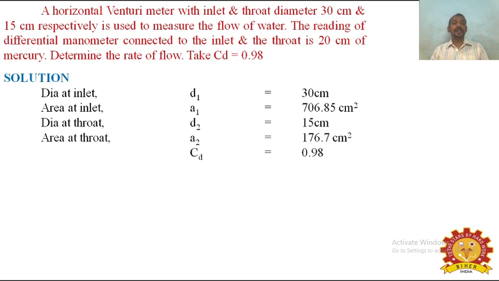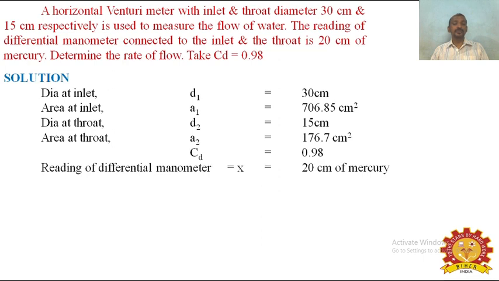So X is equal to 20 centimeter of mercury. H is equal to X into (SH/SO minus 1). That will be considered as case 1 because it is a Venturimeter, not an inclined Venturimeter. SH means specific gravity of the heavier liquid, and SO means specific gravity of the flowing liquid.